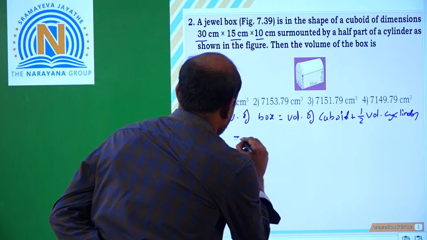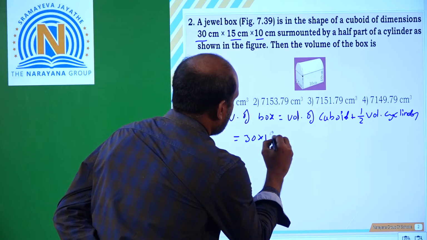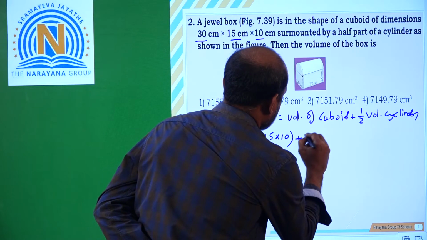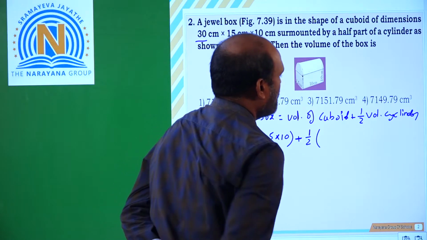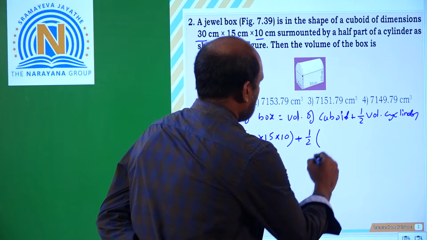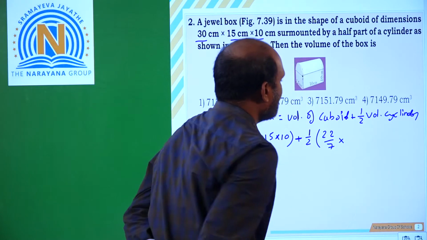So volume of cuboid LBH, that is 30 into 15 into 10, plus 1 by 2 into volume of cylinder pi r square h. So 22 by 7 into radius.